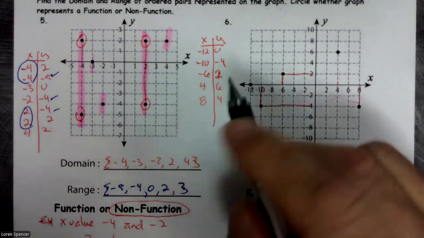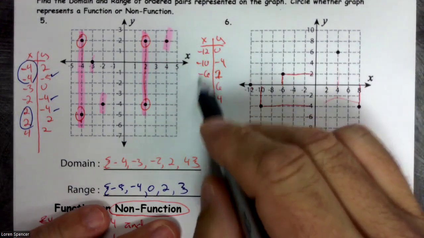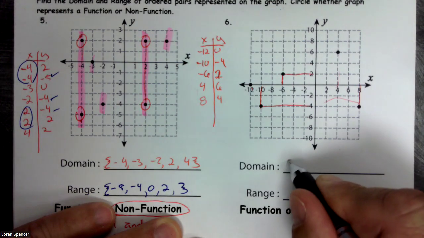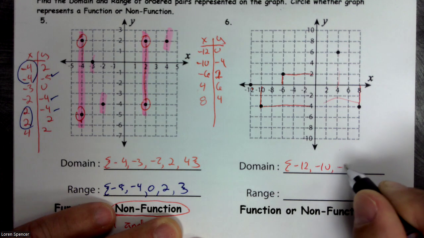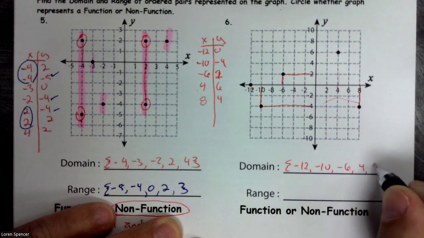When I look at this, my domain, no repeats, so I write them all: -12, -10, -6, 4, 8.